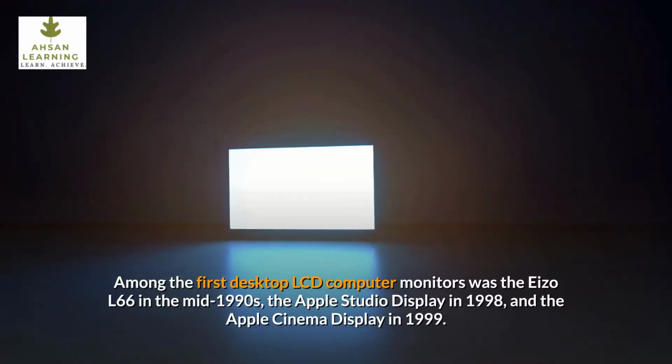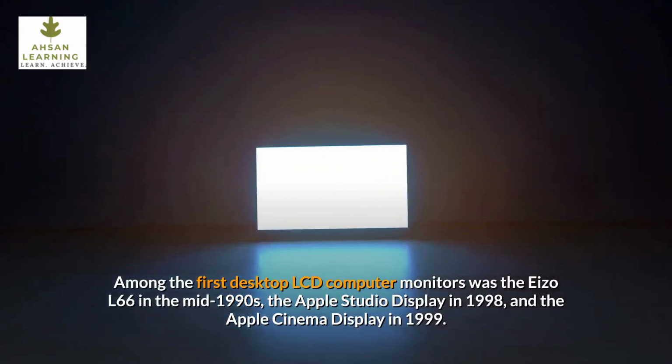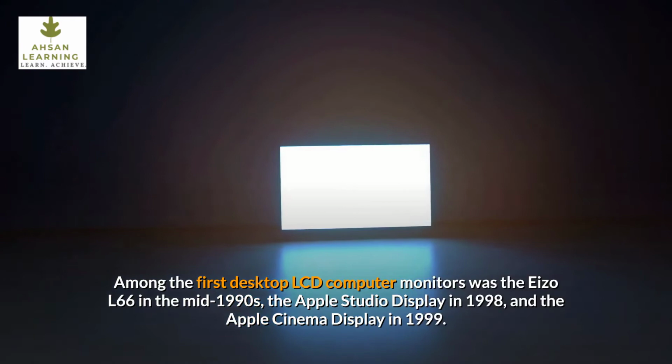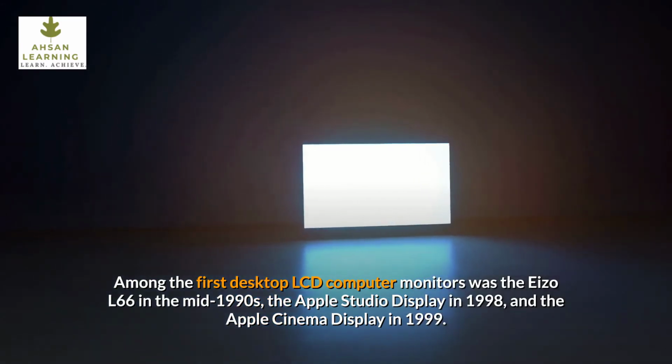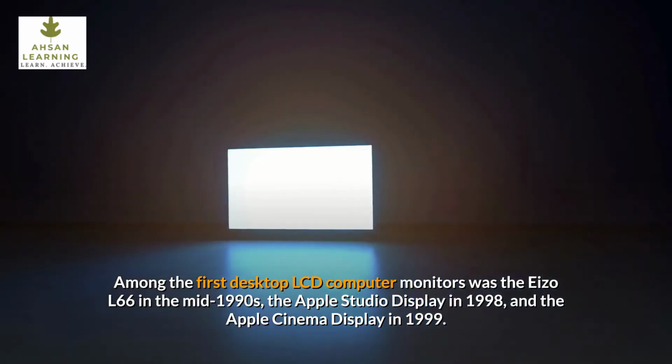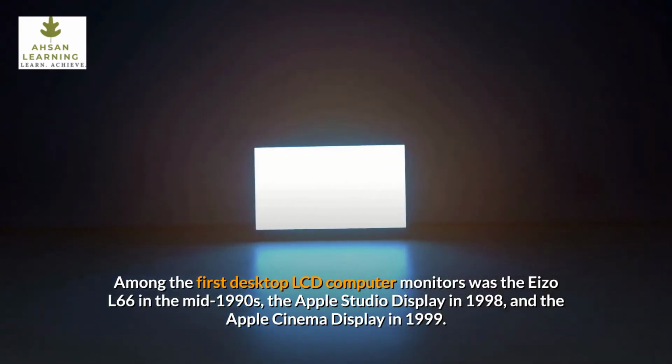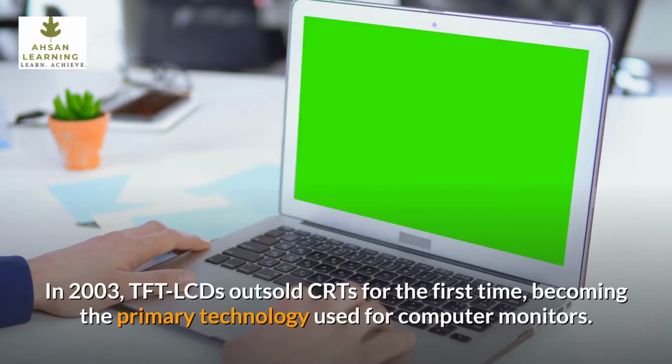Among the first desktop LCD computer monitors was the ASO L66 in the mid-1990s, the Apple Studio Display in 1998, and the Apple Cinema Display in 1999. In 2003, TFT LCDs outsold CRTs for the first time, becoming the primary technology used for computer monitors.